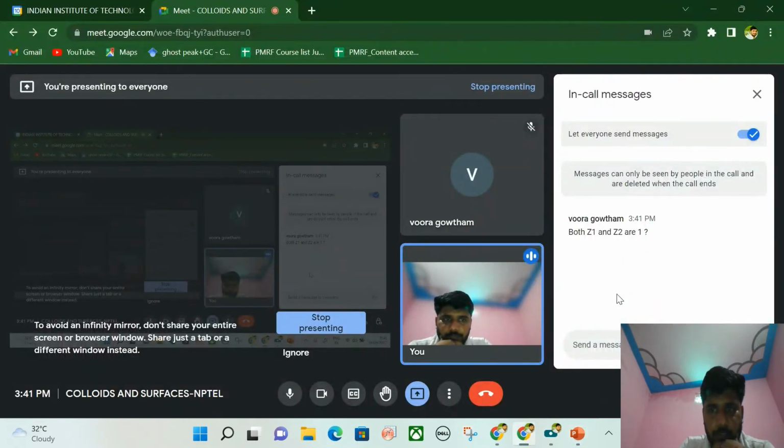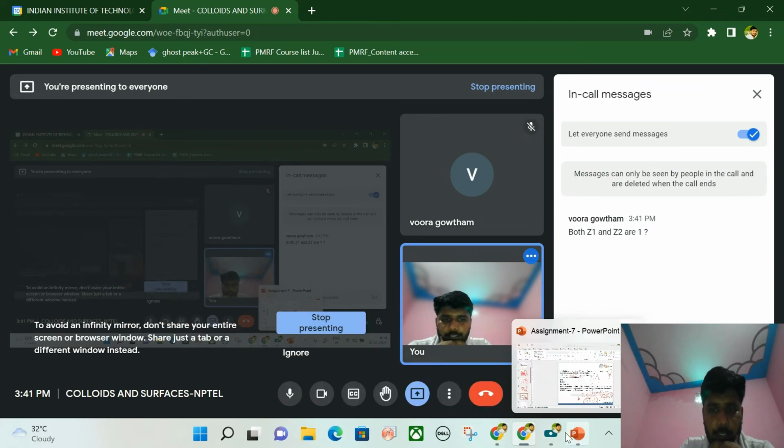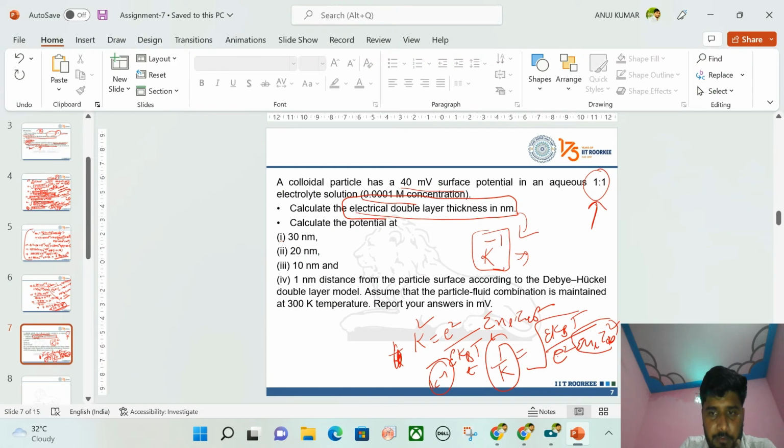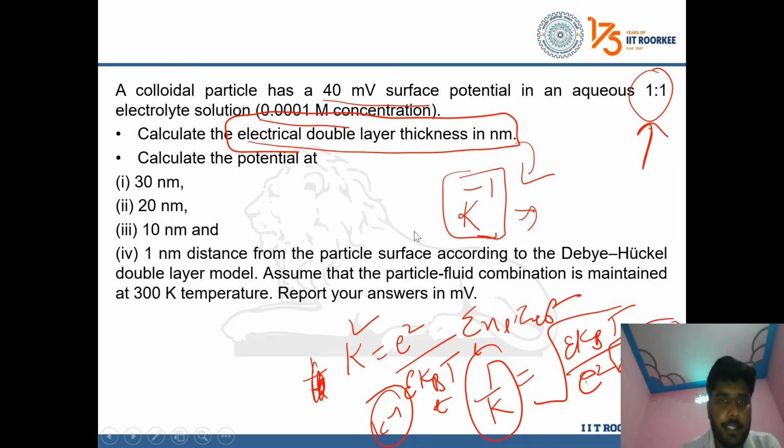Yes, both Z1 and Z2 are 1. But except these values, you have to keep in mind the concentration of the particular ion you will get.